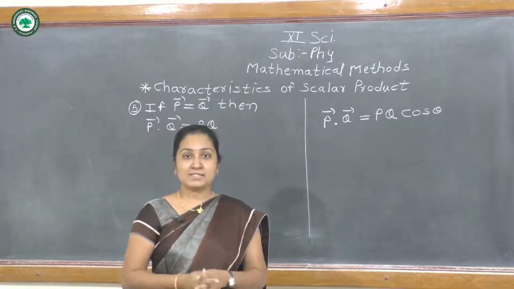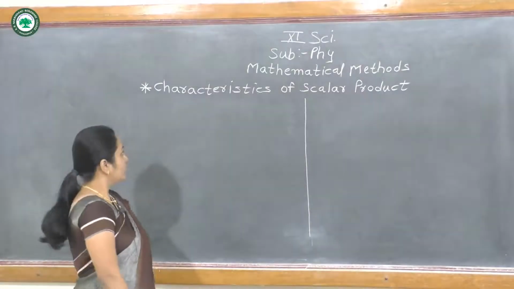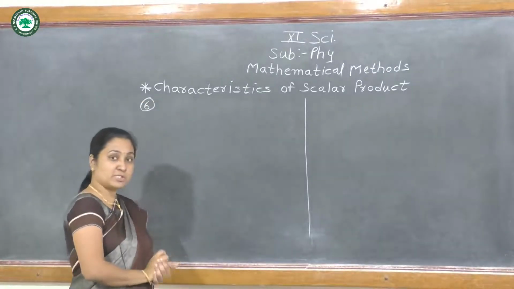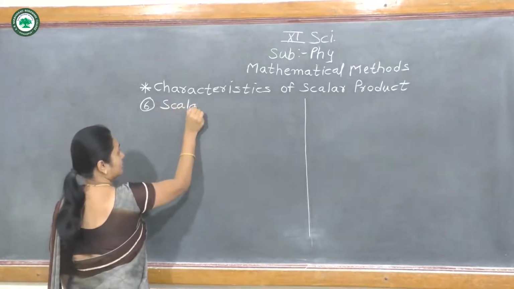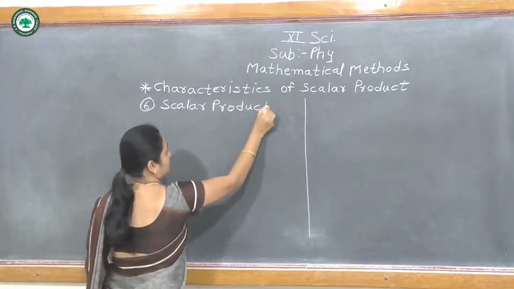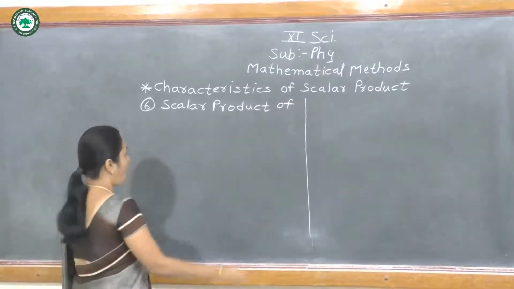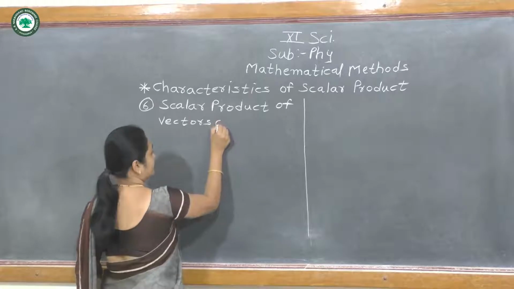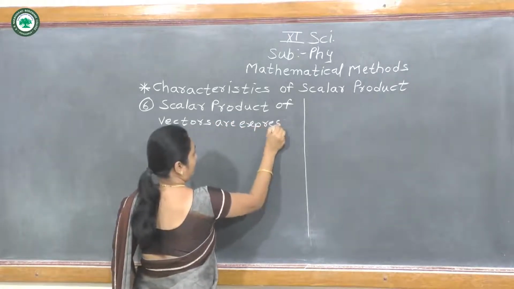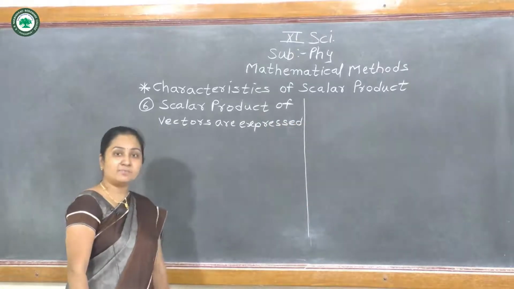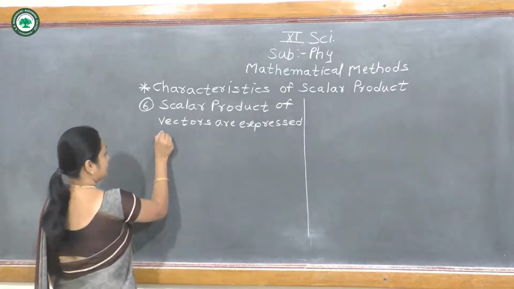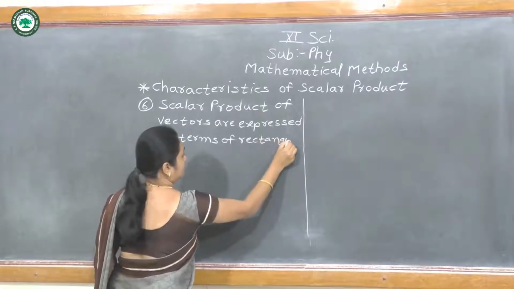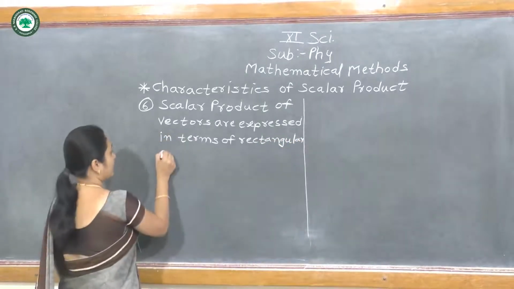So this is the fifth characteristic of scalar product. Then the next characteristic is 6. In this we are going to study the scalar product of vectors expressed in terms of rectangular components.